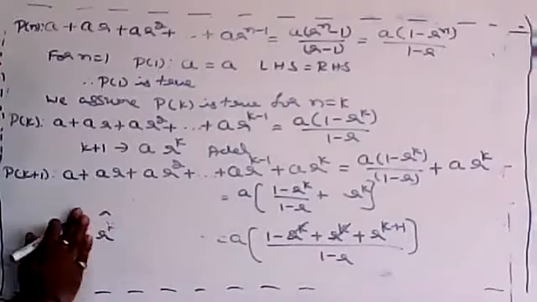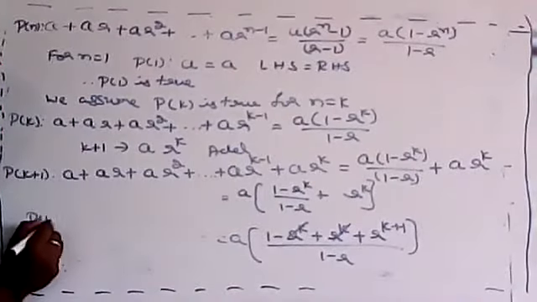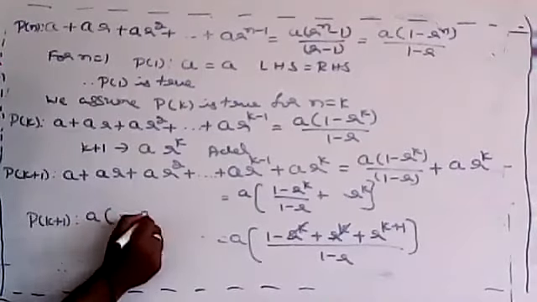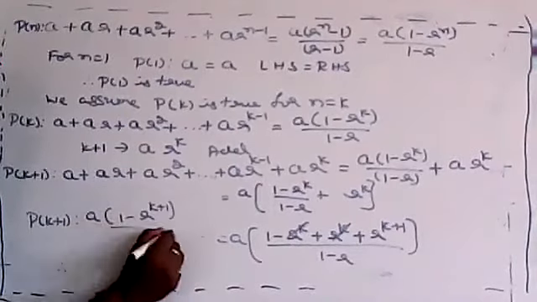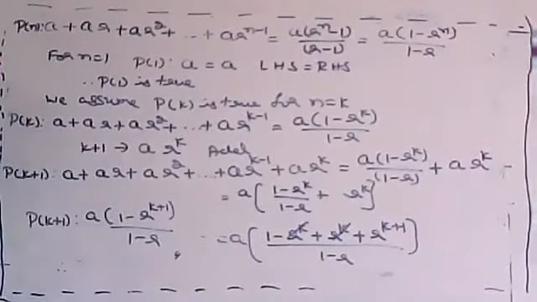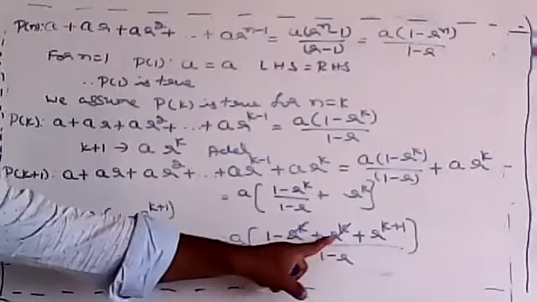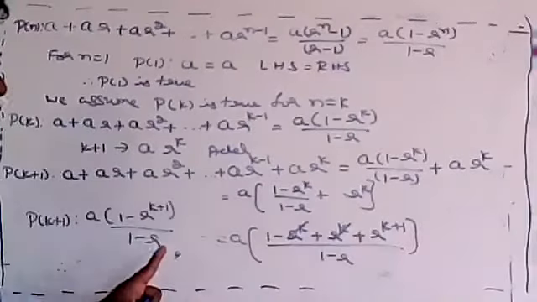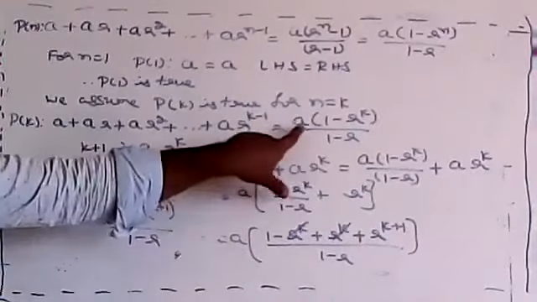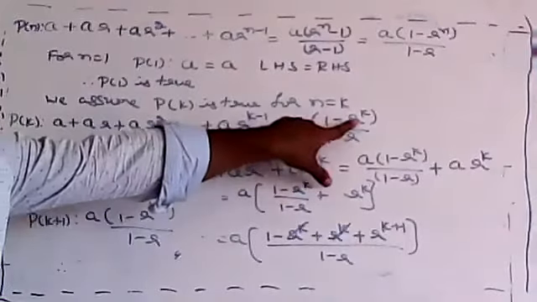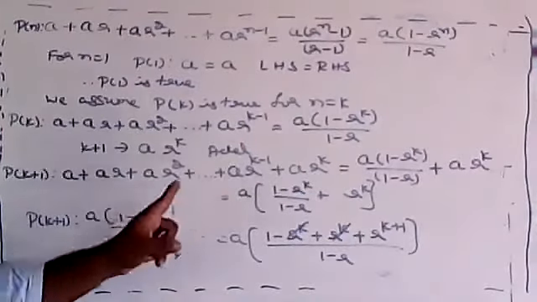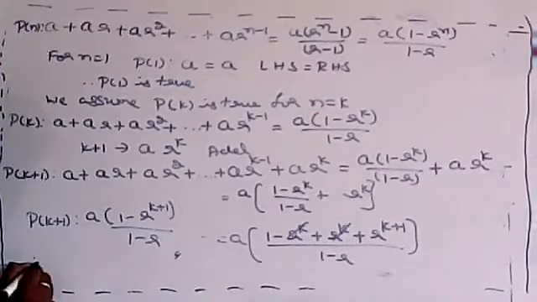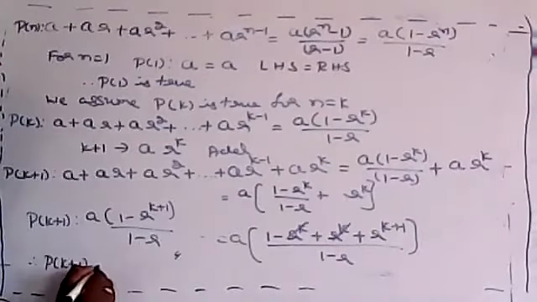So the final answer we get: P of K plus 1 is A into 1 minus R to the power of K plus 1 divided by 1 minus R. Correct or not? So here minus plus R to the power of K get cancelled. Remaining is 1 minus R to the power of K plus 1 divided by 1 minus R. You can check here, P of K term is A into 1 minus R to the power of K; in the place of K, we want K plus 1, divided by 1 minus R. So therefore, P of K plus 1 is true.